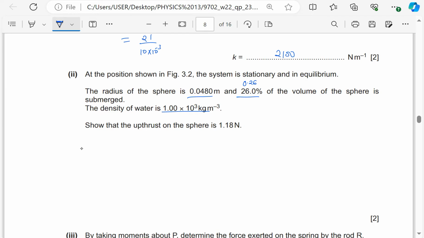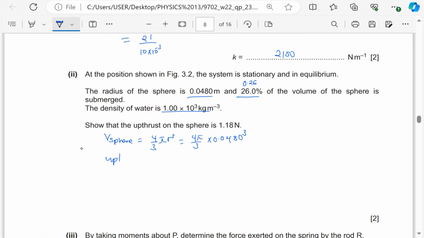So the volume of the sphere, we know that the volume of a sphere is 4 over 3 pi r cubed, which would be 4 pi over 3 times 0.048 cubed. That is the volume of the sphere.